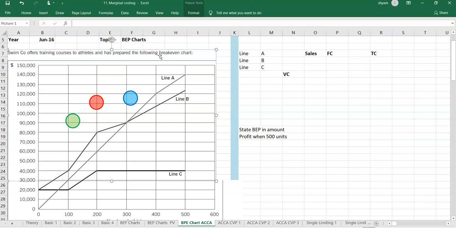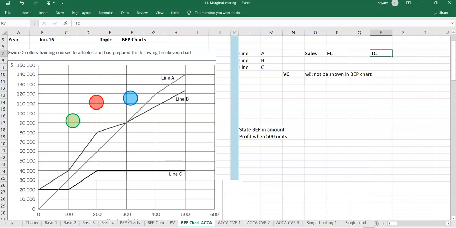So VC will not be shown in the BEP chart. Okay, so this line will not be shown.